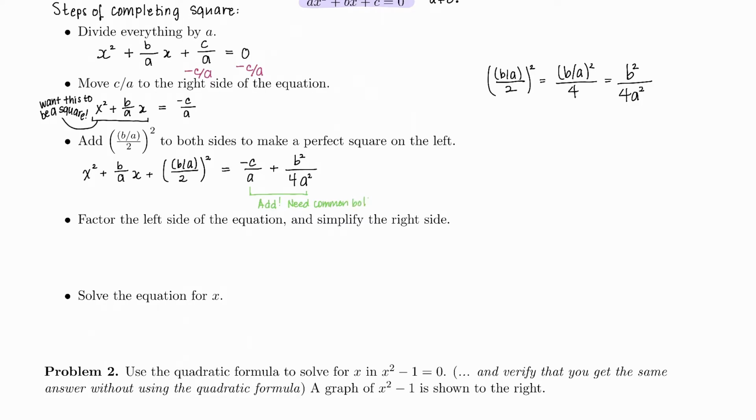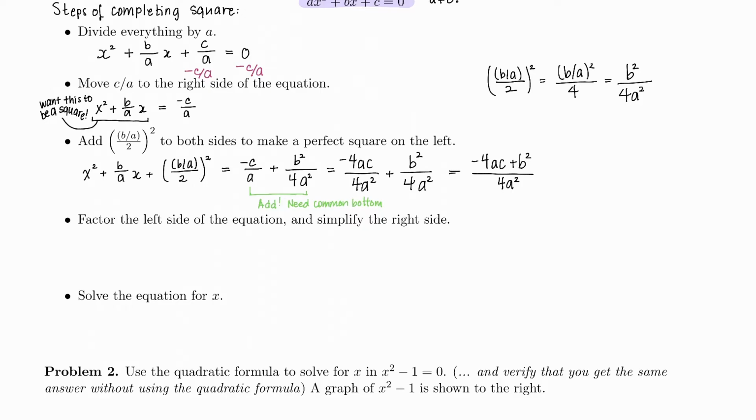So I'm going to multiply the negative c over a by 4a over 4a. Up top we have negative 4ac over 4a squared plus b squared over 4a squared, and that leaves us with negative 4ac plus b squared over 4a squared.